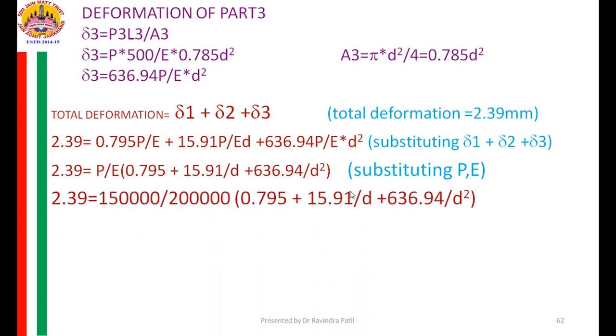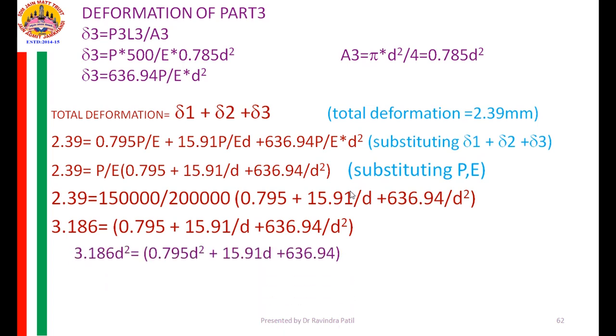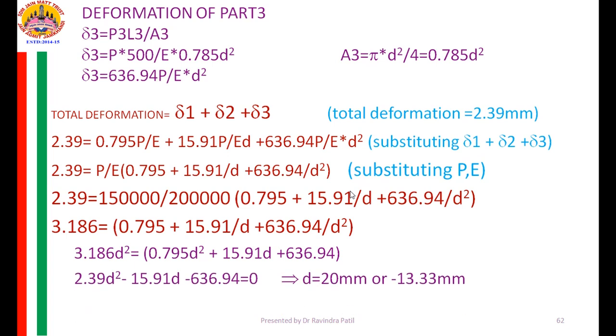and simplify it. P is 150 into 10 to the power 3, E is 2 into 10 to the power 3. If you substitute it, if you simplify it, you will get like this. And solve this equation for D. You will get the value of D. Two answers. One is 20 mm, other is minus.